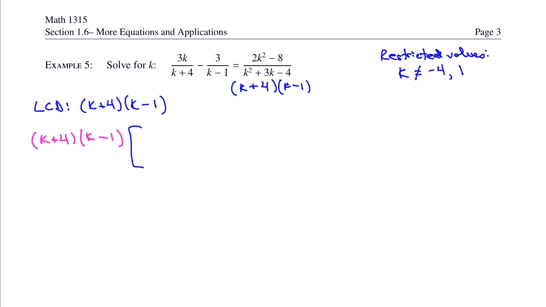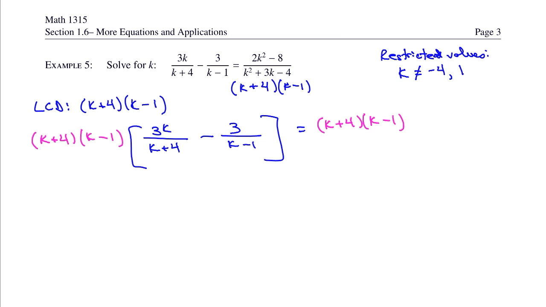So k plus 4 times k minus 1 times 3k over k plus 4 minus 3 over k minus 1 is equal to k plus 4 times k minus 1 times 2k squared minus 8 over, and I'll use the factored version here, k plus 4 times k minus 1.